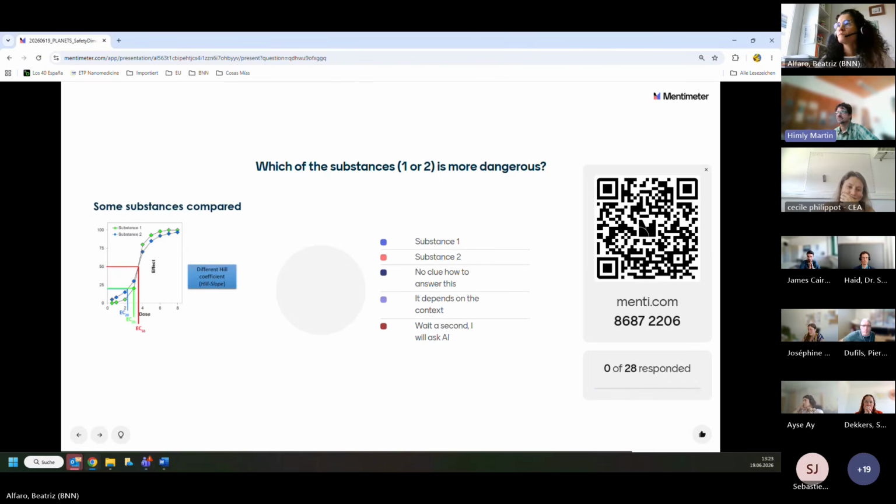We see here now, again, two substances that obviously have the same EC50 value, so the same concentration of effectiveness. But obviously, the blue one starts to show an effect a little bit earlier than the green one. So which one is the more dangerous one?